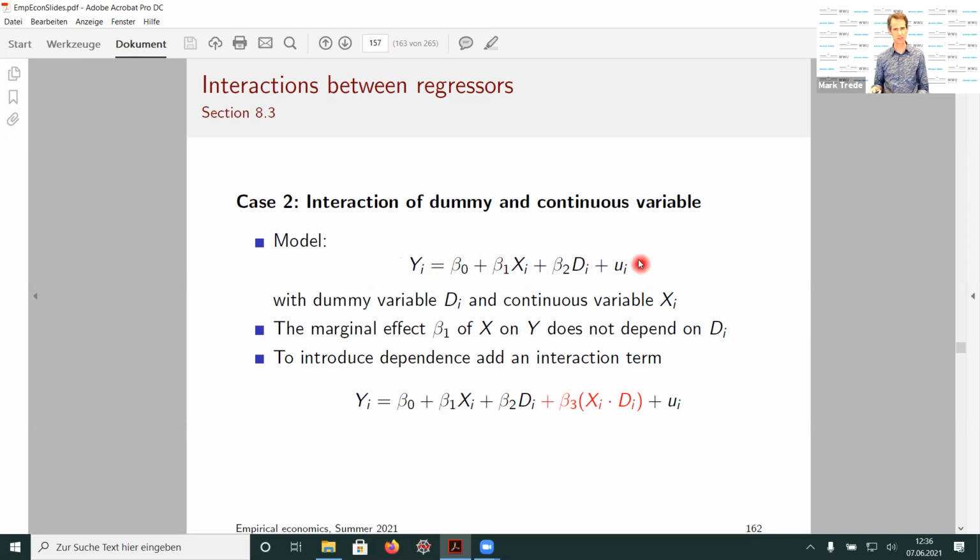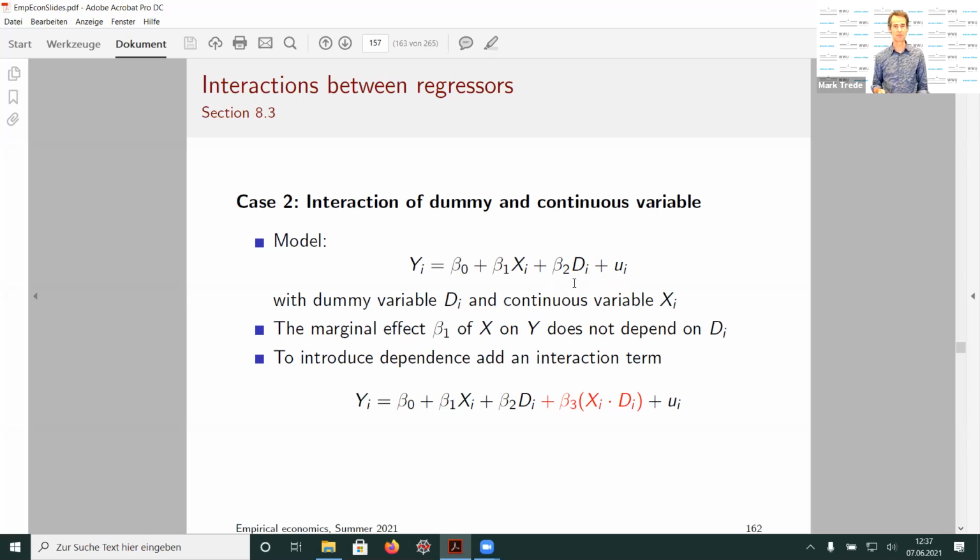This is just a classical linear regression model, what we have worked with all the time. There's nothing new. The only change is that we denote one of the variables by d rather than x.